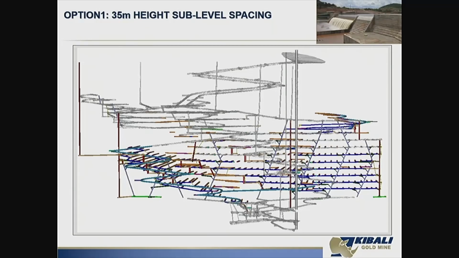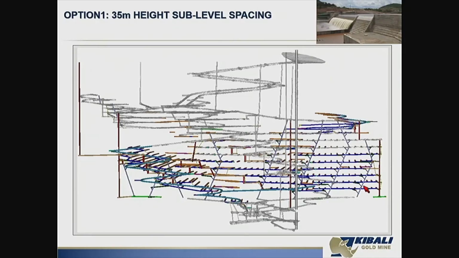Here in this specific case, after doing some other background work, we were looking at two main options in this specific mine. The first option was a 35-meter high sublevel spacing. You can see the design. There is no big change. Ideally, we're looking at this area.